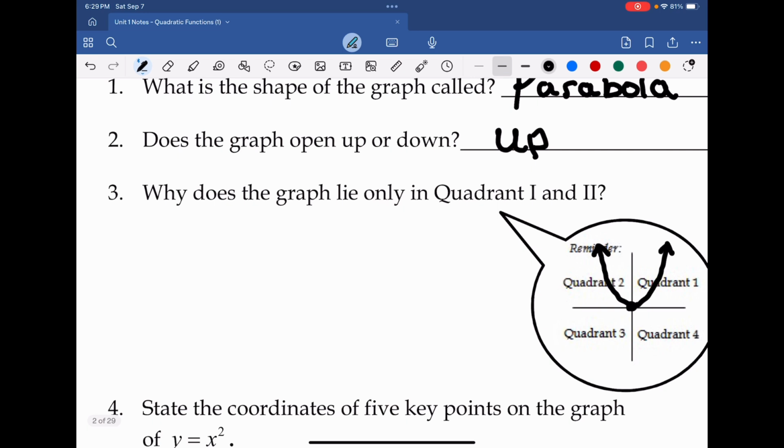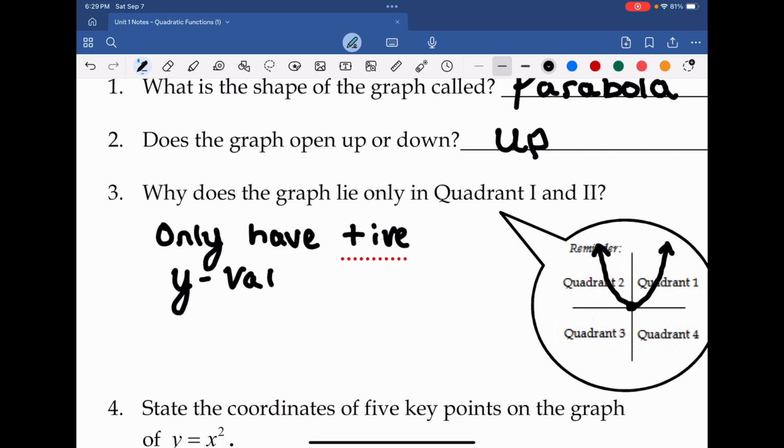And so we only have positive y values. There we go. So that's how I'm going to truncate that. And sometimes I use this plus if just to represent positive. I could write out positive, but I'm just going to short form it. So we only have positive y values or only positive outputs. Therefore, it's only in quadrant 1 and 2.